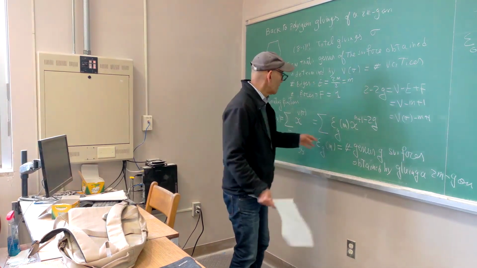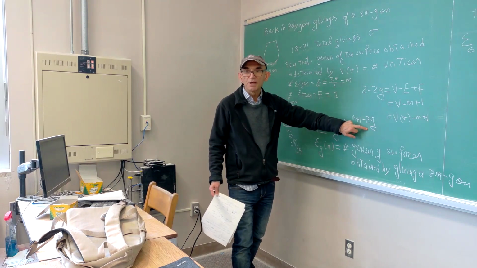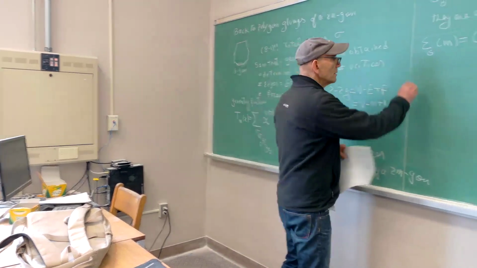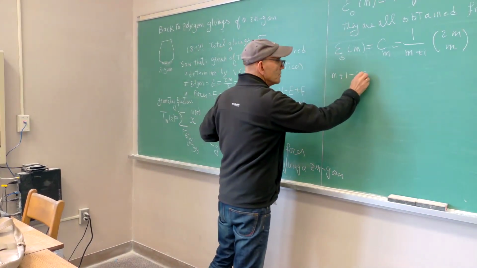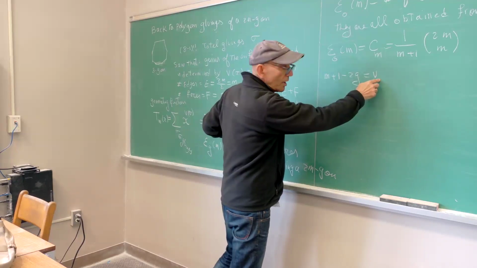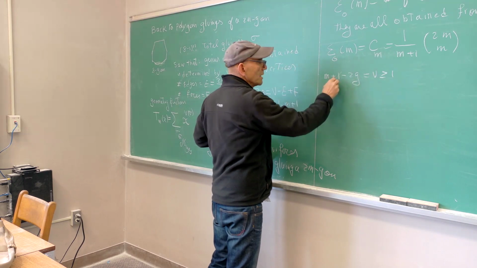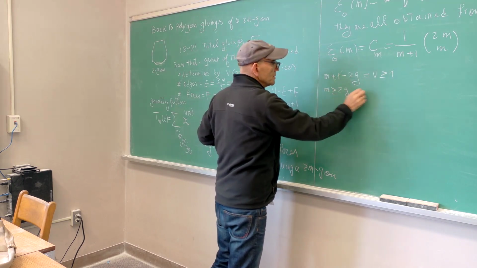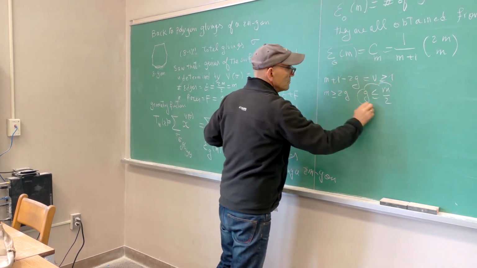And you can actually guess the maximum genus that you can expect to obtain, because n plus 1 minus 2g is equal to v, and this is always bigger than or equal to 1. So you can cancel, and g is less than or equal to m over 2.